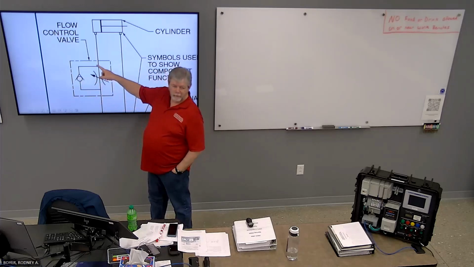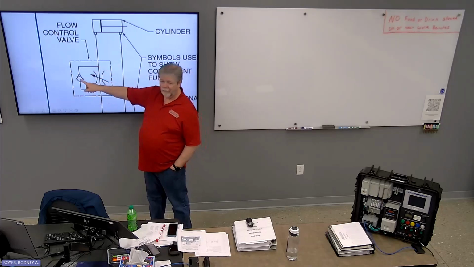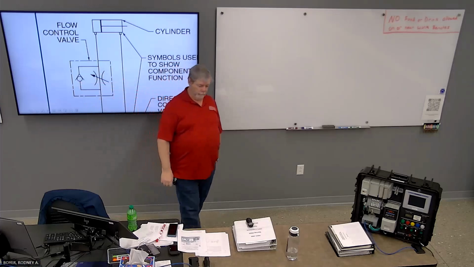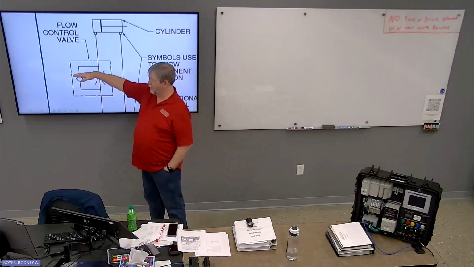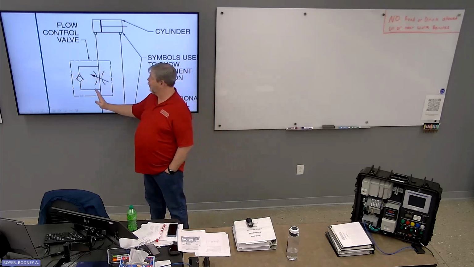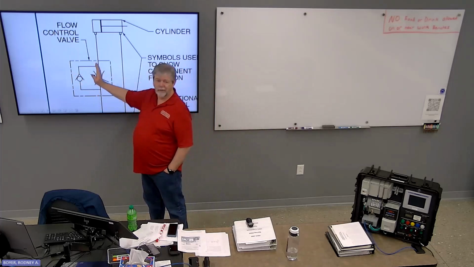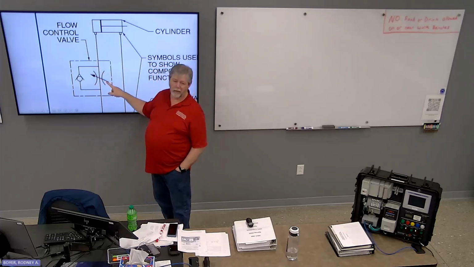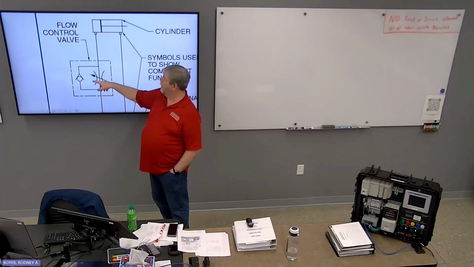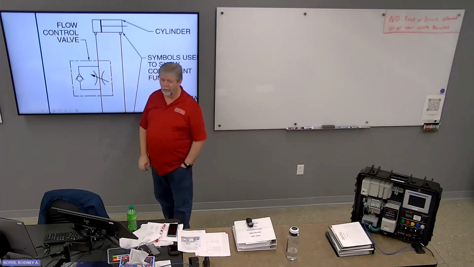That is a check valve. So when pressure is higher on this side, the check valve is going to close. It's going to force it through the orifice. It is an adjustable orifice because it's got the arrow on it. And then into the cylinder, and then it's going to return from there.